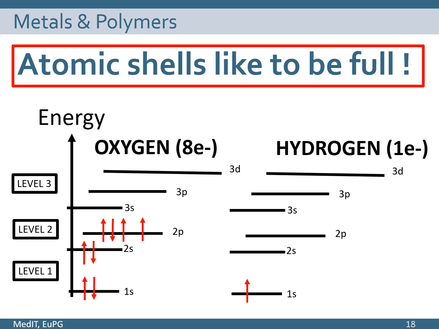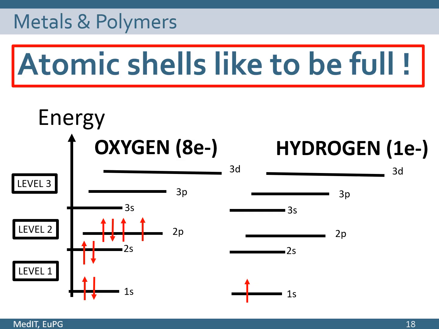Let's take an example. We have already determined the electronic structure of oxygen and hydrogen. So oxygen really wants to complete its outer shell, which here is a 2p orbital. So it is missing actually how many electrons to do that? Just think about it a few seconds.